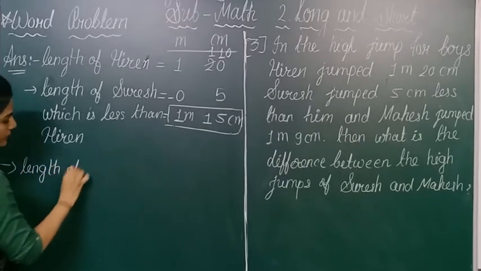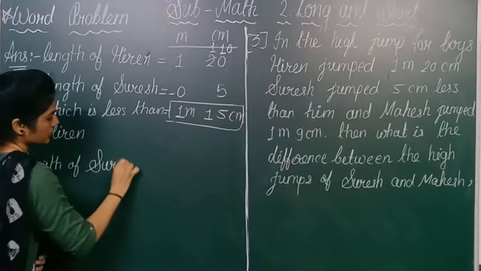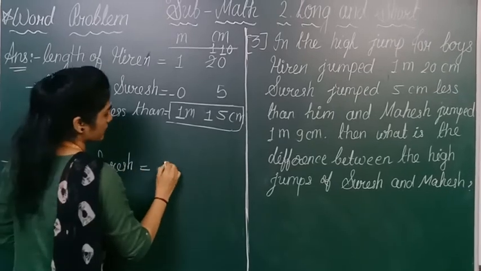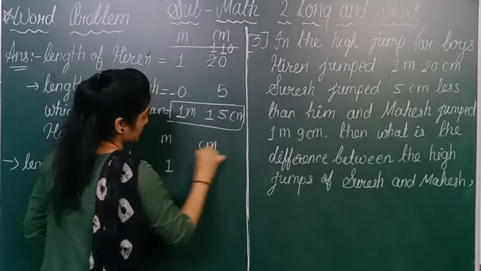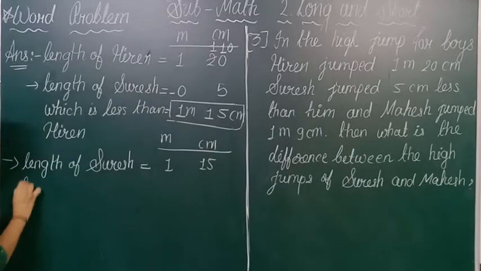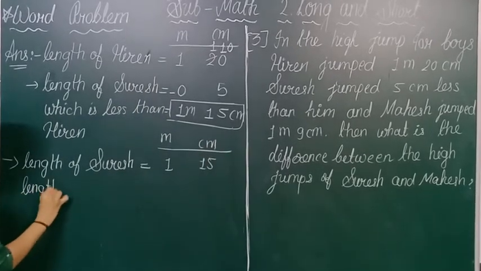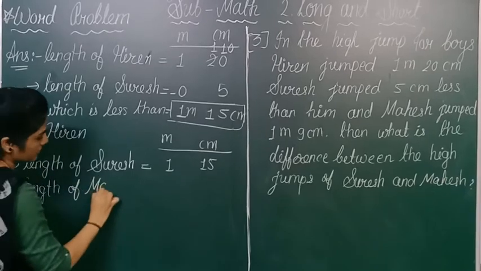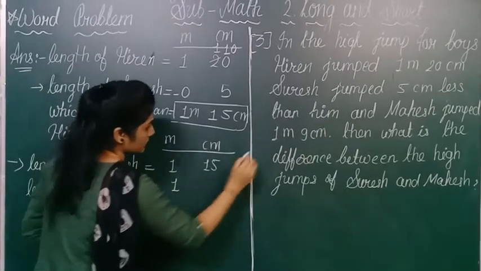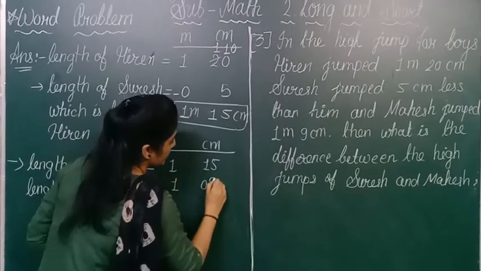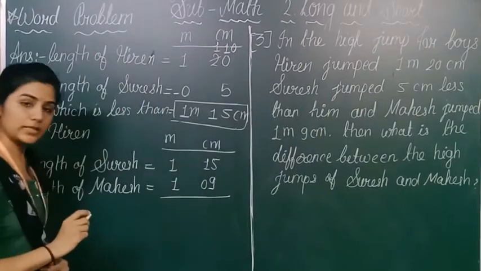Length of Suresh, which is of 1 meter and 15 centimeter. And we are subtracting length of Mahesh, which is of 1 meter and 9 centimeter. Right?